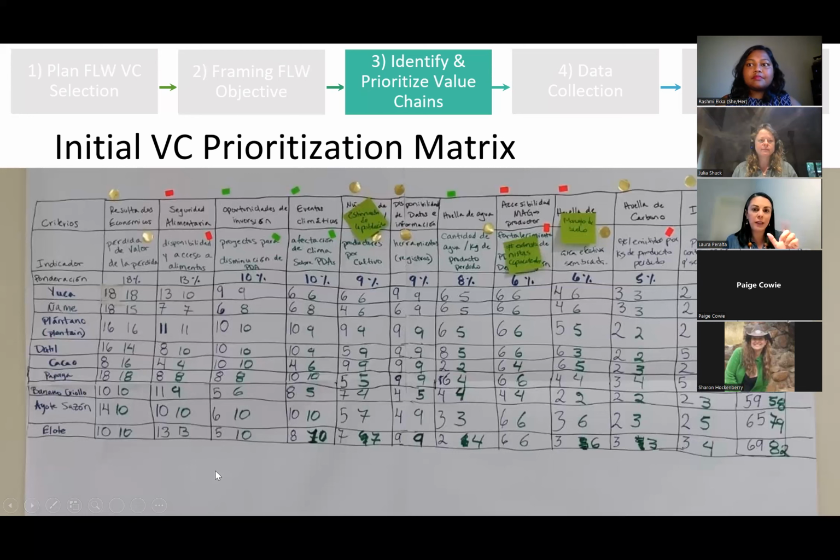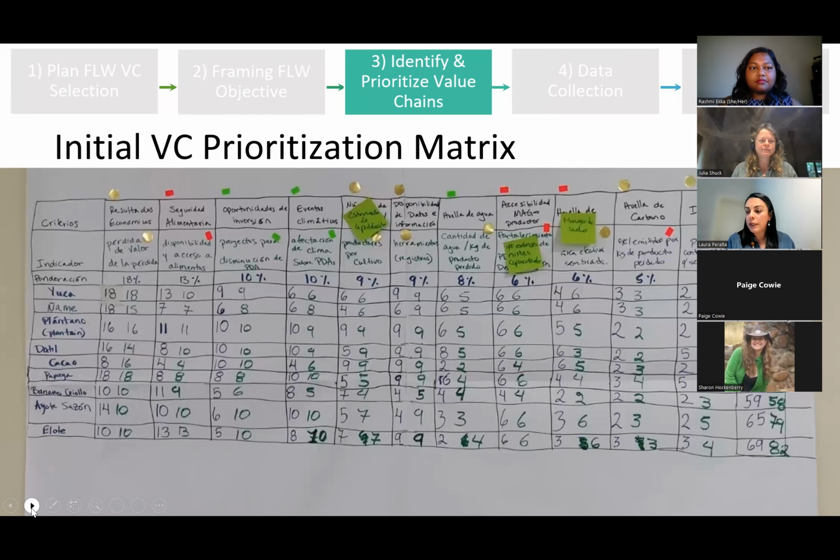So for example, you can see red dots in seguridad alimentaria, or food security, which was one of the criteria that was quite hard at some point to bring this concept into an actual indicator. So this means that further study and further research needs to be done in those. In others, it was in green, so that means there was enough available information.